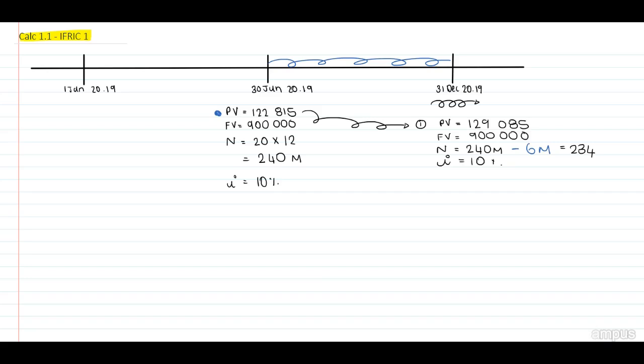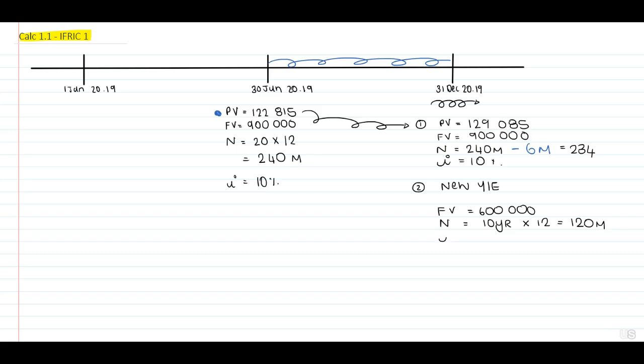Okay, now look at this, guys. Now, our revised, our new value. Now, this is the new value at year end. They've indicated to us that our future value will now be the 600,000. Okay. Our period will now be 10 years. Therefore, 10 years times 12 months, and this will be 120 months.